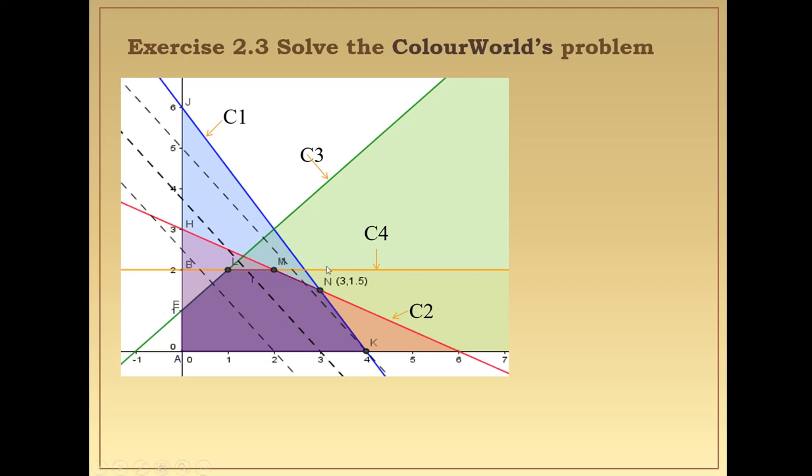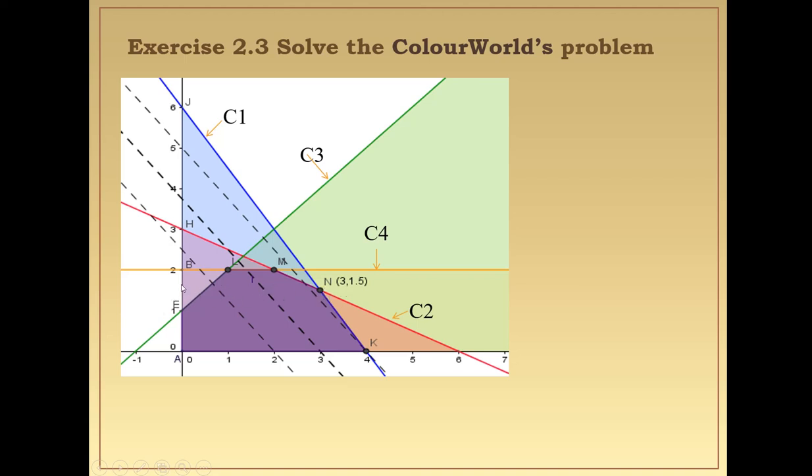So point N is the optimal point. The optimal point represents the optimal solution. From here we know x1 is 3 and x2 is 1.5.